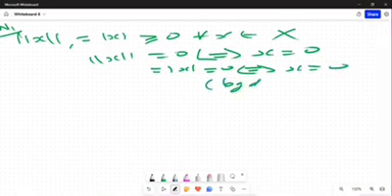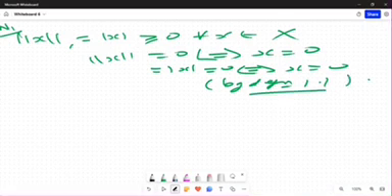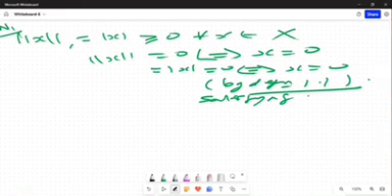Why? That's simply by definition: the absolute value of x is equal to 0 if and only if x is the zero vector. By the definition of the absolute value function from our real analysis, this can never be 0 except when you are dealing with the zero vector. So this satisfies axiom N1. You have verified axiom N1.